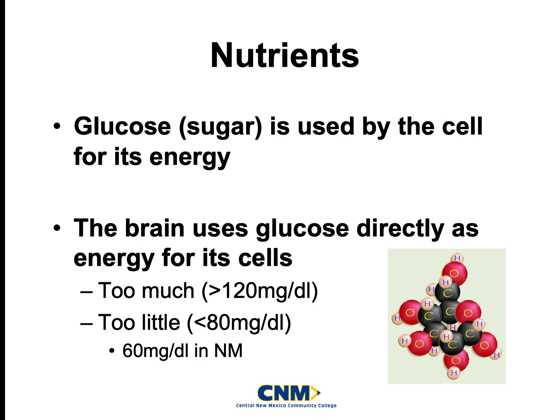So your next vital sign is your BGL, or your blood glucose level, and you can see how to check a blood glucose level in your skills lab. We have two different BGL readings. In the state of New Mexico, we're reading anywhere between 60 milligrams per deciliter, which is borderline low, all the way up to 120 milligrams per deciliter.